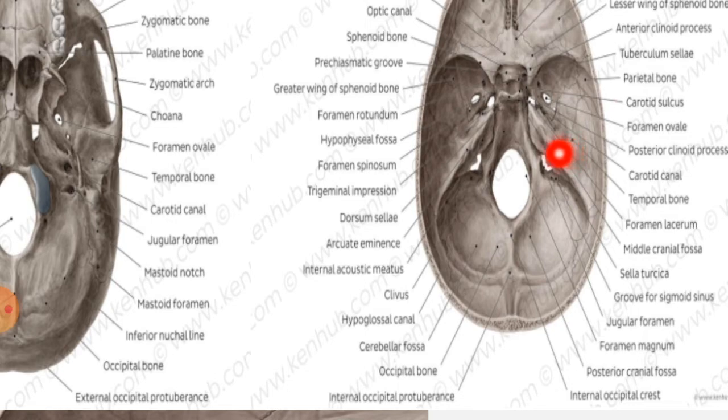Here lies the carotid canal, and this is also very important for the internal carotid artery, which will pass through here, come into the brain, and here it will form the circulus arteriosus.